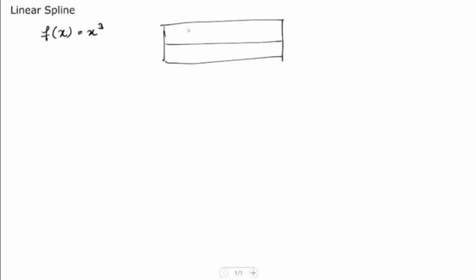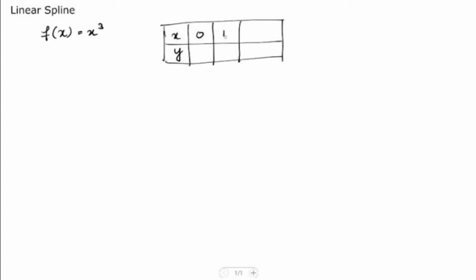Okay, so first let me write down the function again. Our function is x cubed. And the nodes that are given to us are 0, 1, and 2. So let me write that in a table form here. Those are our values of x, y.